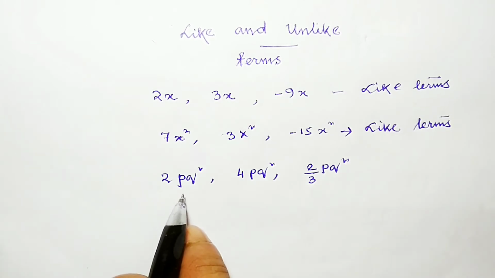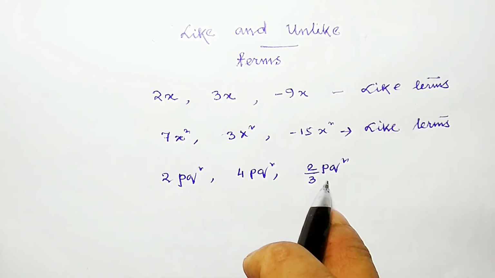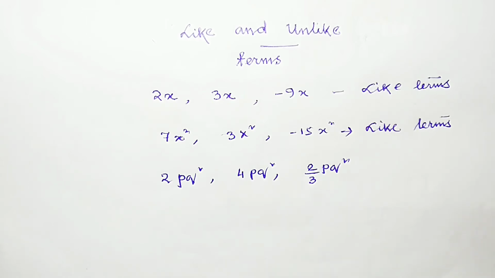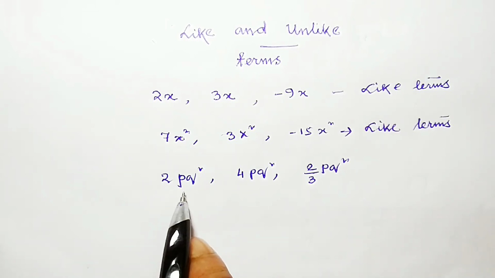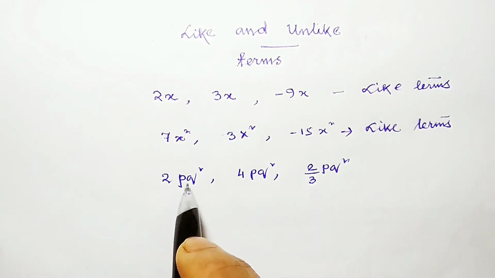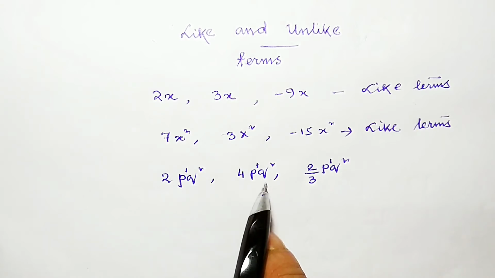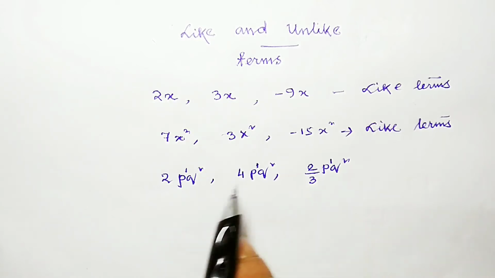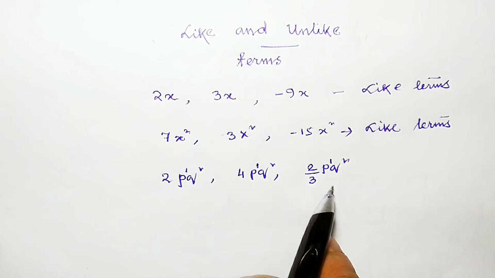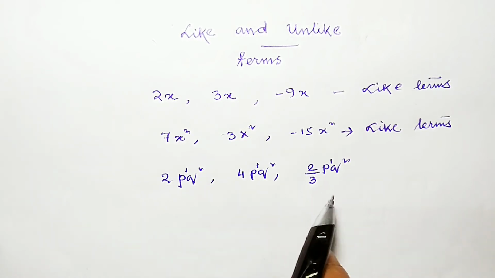Here the variables are p and q, here also p and q, here also p and q. Now the exponent of p in all the cases is 1, since I have not written anything, that means the power is 1. And what is the exponent of q? Here it is 2, here it is 2, here it is 2. Since the same set of variables and the same exponents are used, they are also like terms.